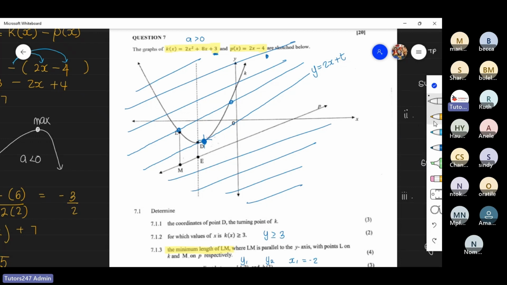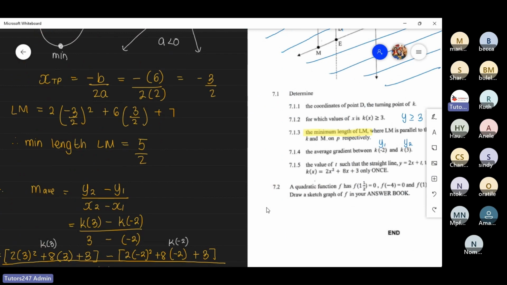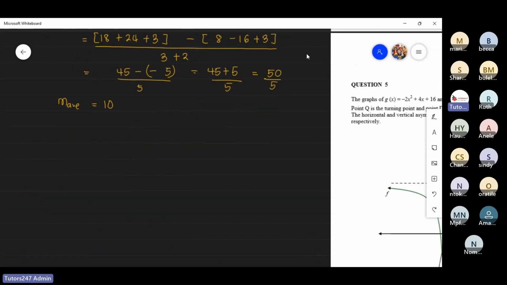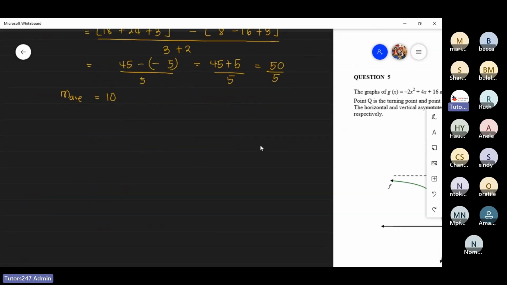So there's two parts to answering this question. So let's do the first part, whereby we equate both functions so that we can find our new equation. So this is question 7.1.5.